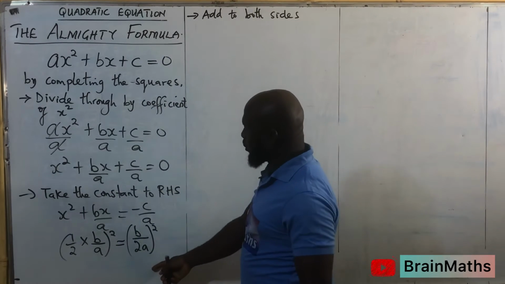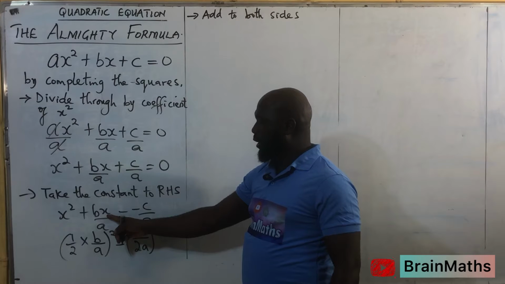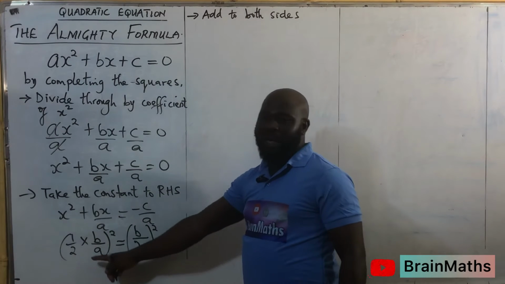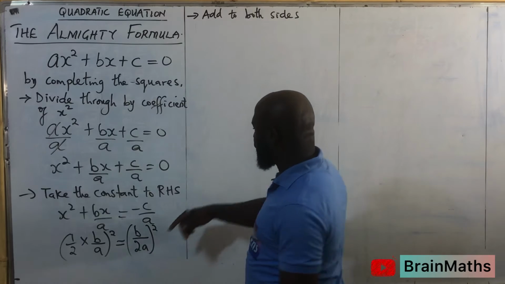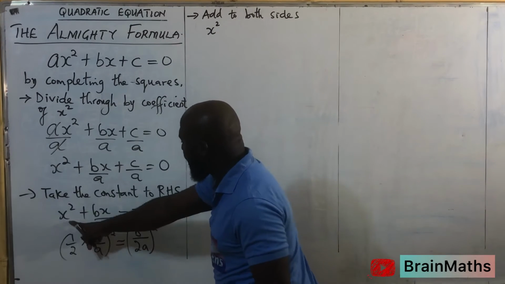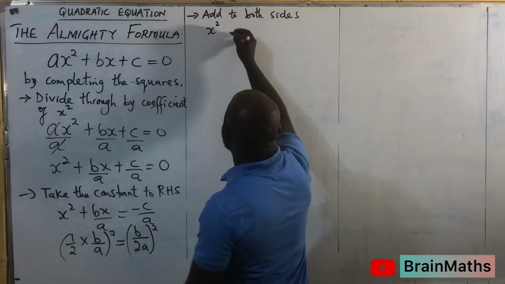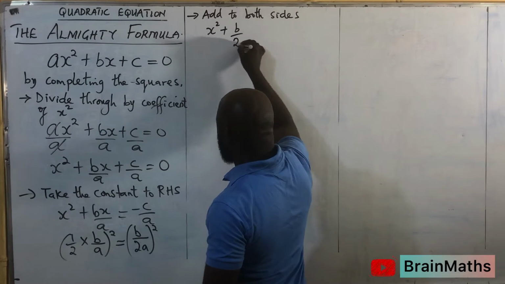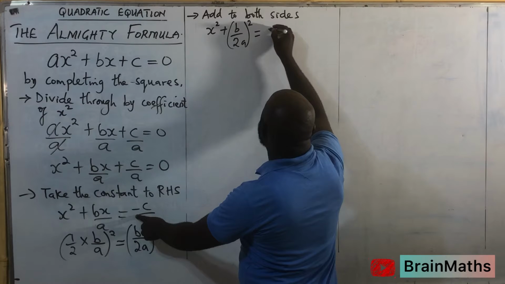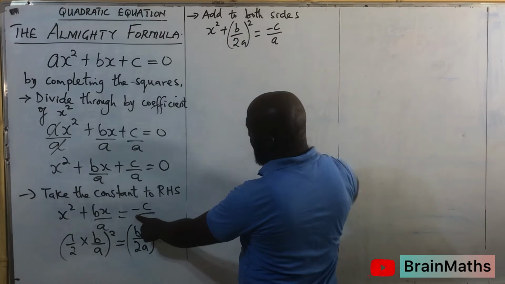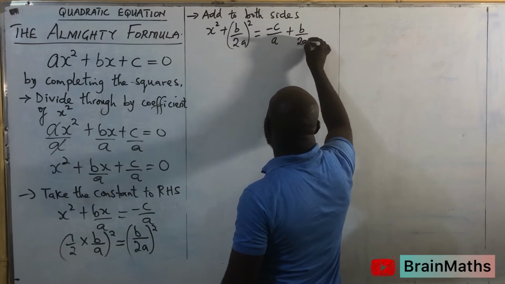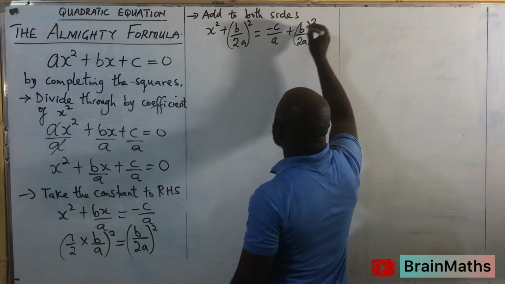So when you are adding to both sides, you are not going to be repeating b over a again, since we have generated the half square of the coefficient of x. So we have x squared is the only thing we are taking here, to be added to b over 2a squared, equals minus c over a on this right hand side, to be added as well to b over 2a all squared.